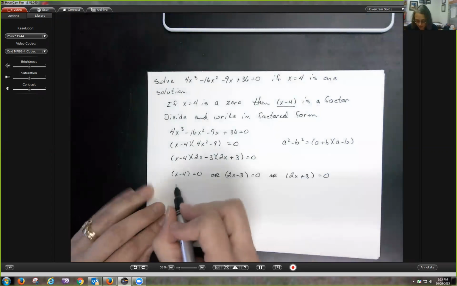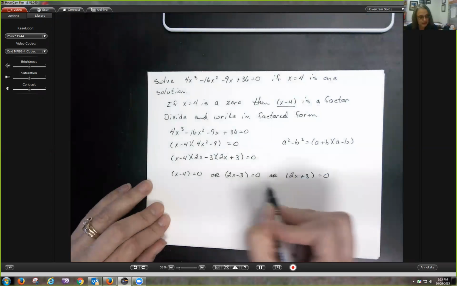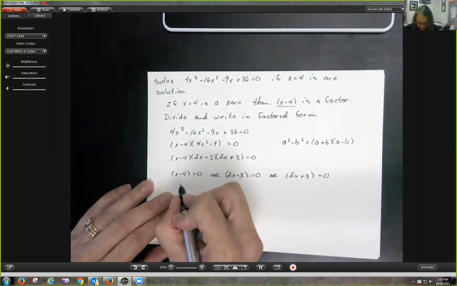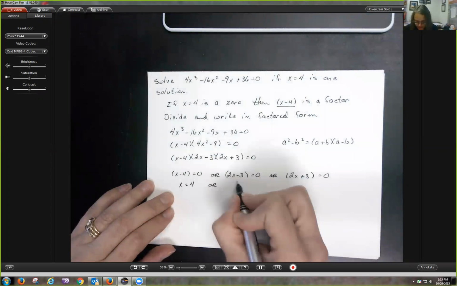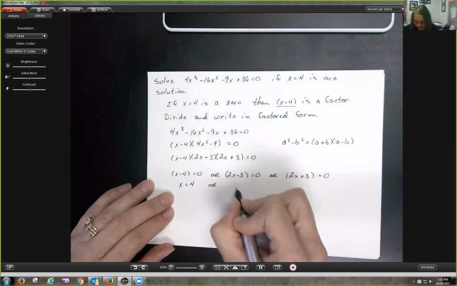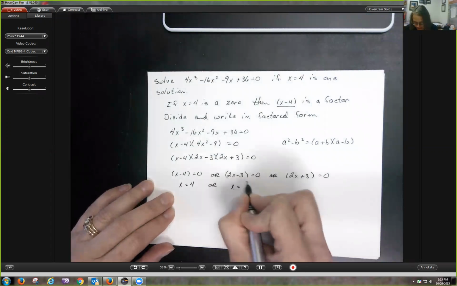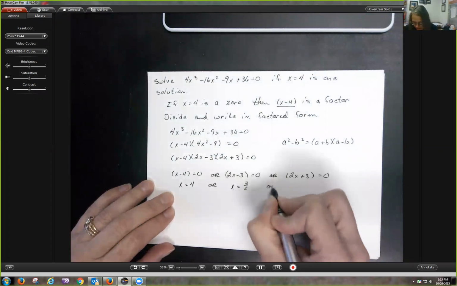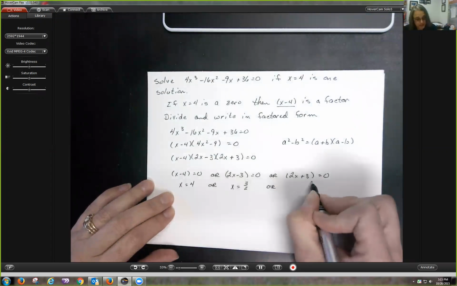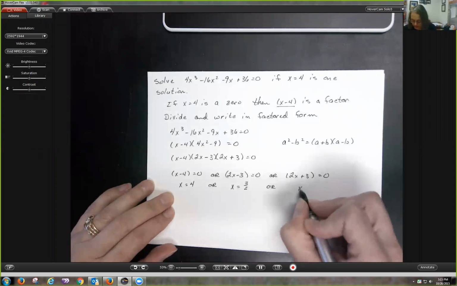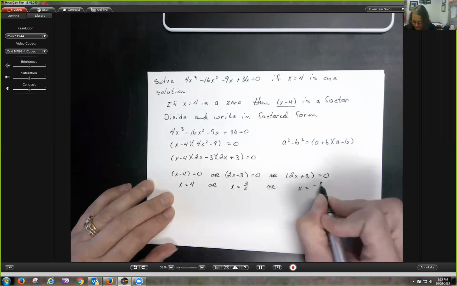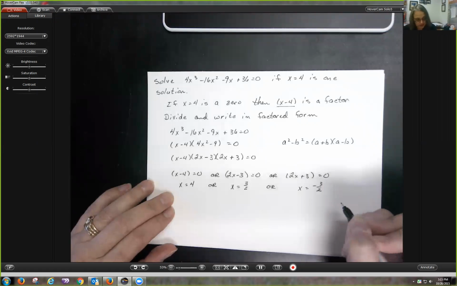Okay? So if I solve each of these 3 linear equations now, that means x equals 4, or solve this one, add 3, and then divide by 2, x equals 3 halves, or solve this one, subtract 3 and then divide by 2, so x equals negative 3 halves.